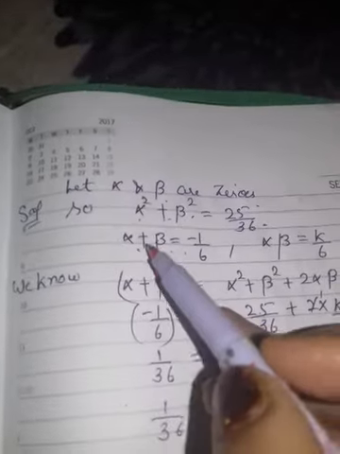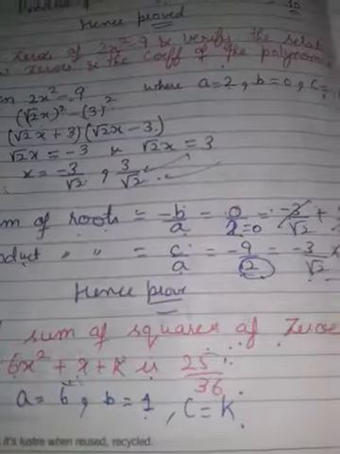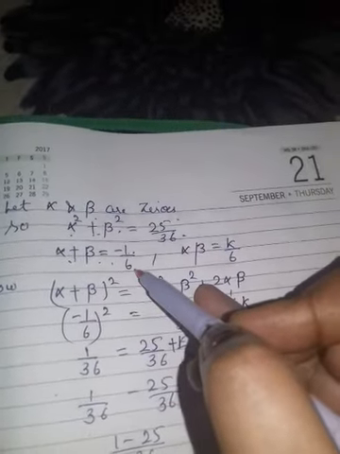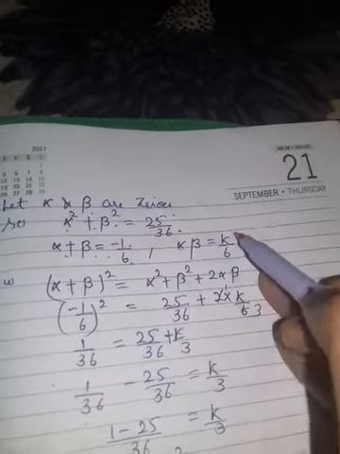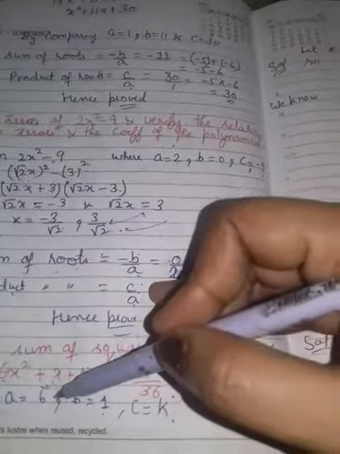Since b is positive, you will write minus 1 upon 6. Alpha beta is the product of roots, c upon a, c is k, a is 6.